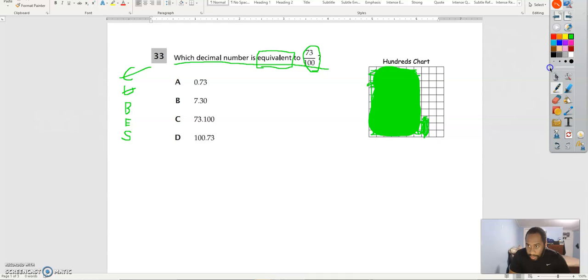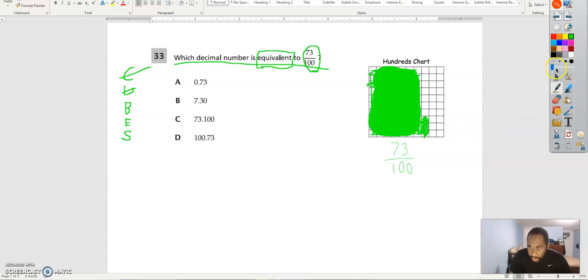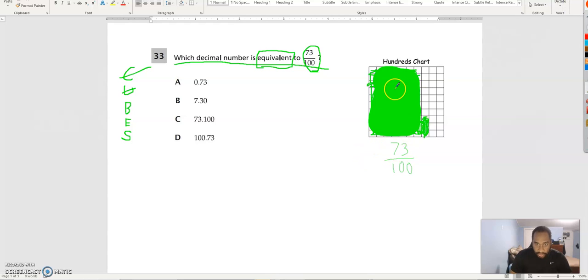Make it a little smaller. So that will be 73 over 100. Okay. 73 over 100. Now let's find out the decimal.